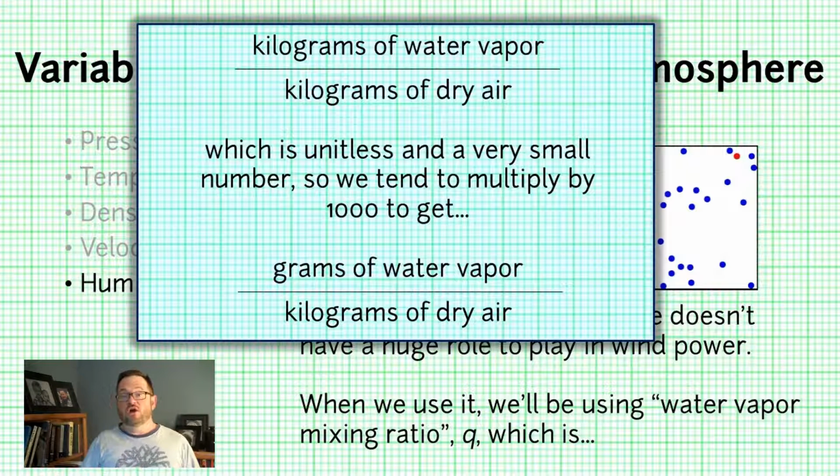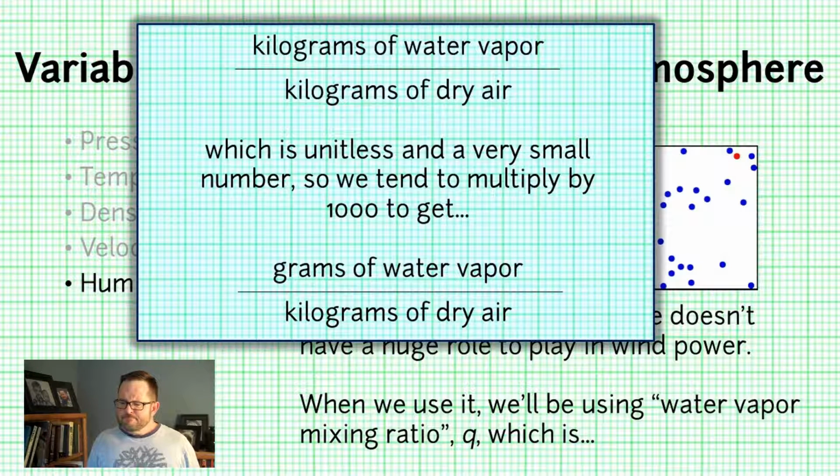Now, as it happens, water vapor mixing ratio is a very, very tiny number. And it's unitless, and it's tiny. Scientists hate unitless. Scientists don't like tiny numbers. So in general, when you see them describing the humidity, they usually have multiplied the mixing ratio by 1,000, which changes its units to grams of water vapor per kilogram of dry air.